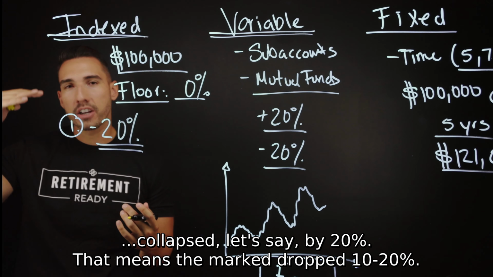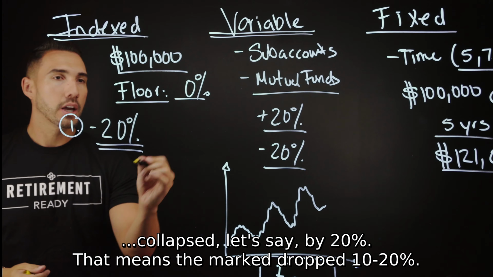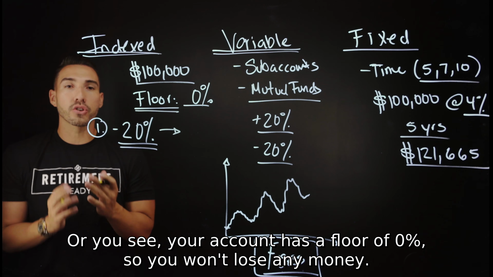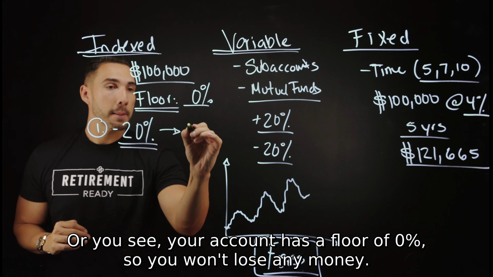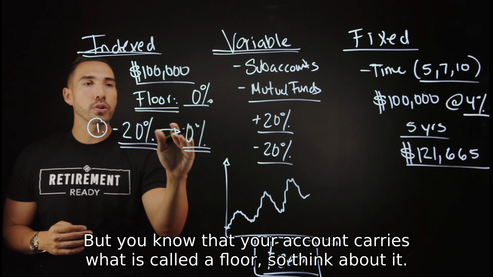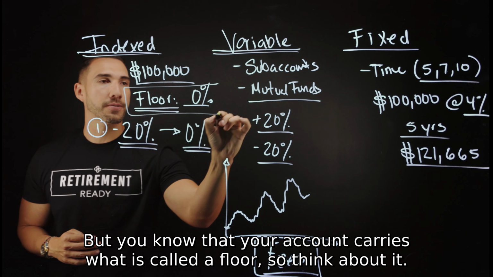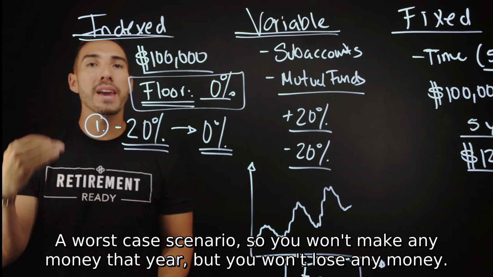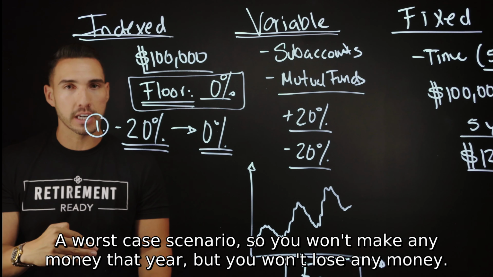That means the market dropped 10, 15, 20%. Well, you see, your account has what's called a floor of 0%. So you will not lose any money because you have your floor. You will not make any money that year, but you know that your account carries what's called a floor. So think about it like a worst case scenario. So you won't make any money that year, but you won't lose any money that year.